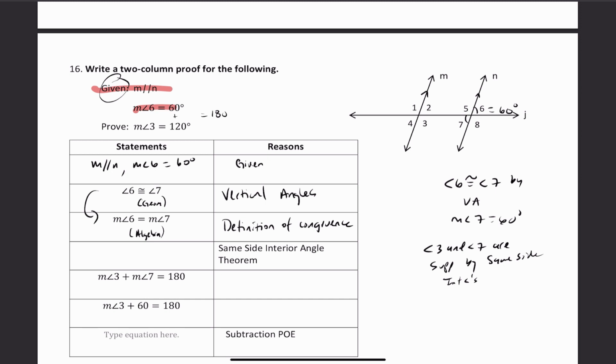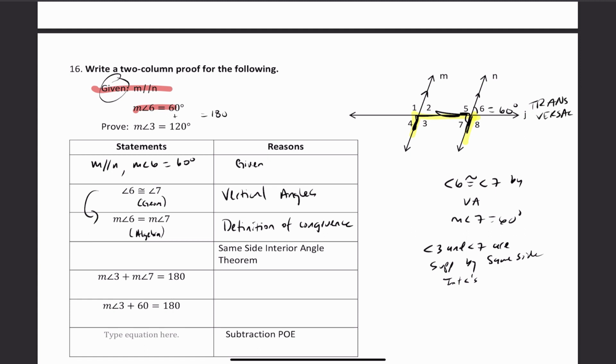Well, we notice that angle 3, because now I went from 6 to 7, right? So angle 3 and angle 7 are on the same side of the transversal.